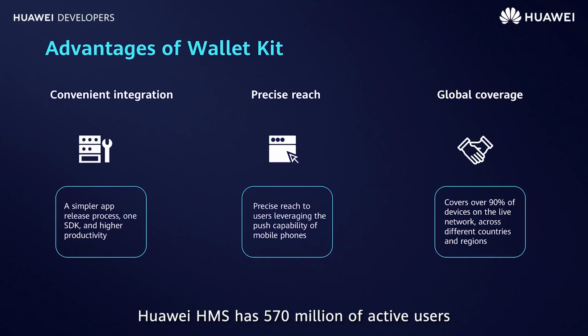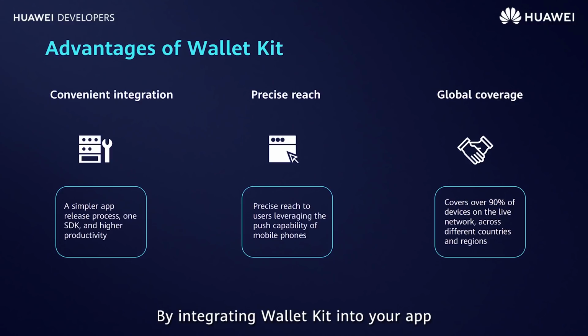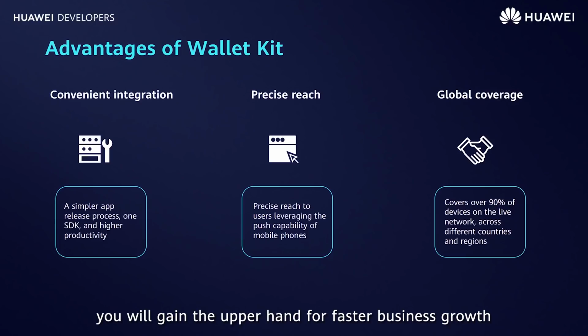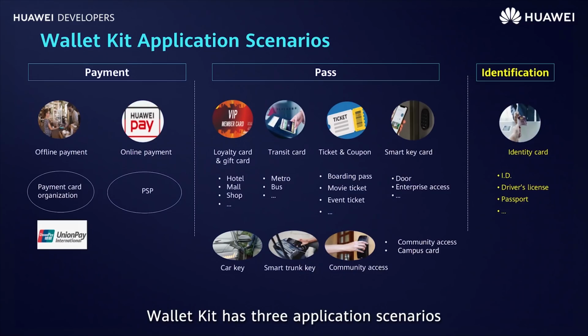HUAWEI HMS has 570 million active users, covering more than 117 countries and regions around the world. By integrating Wallet Kit into your app, you will gain the upper hand for faster business growth, improved user experience, and more market opportunities. Wallet Kit has 3 application scenarios.